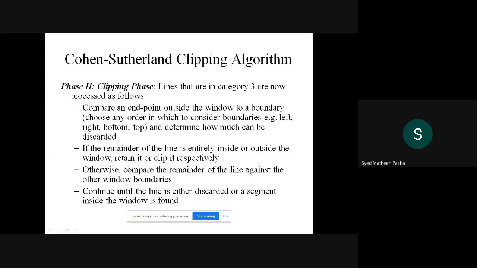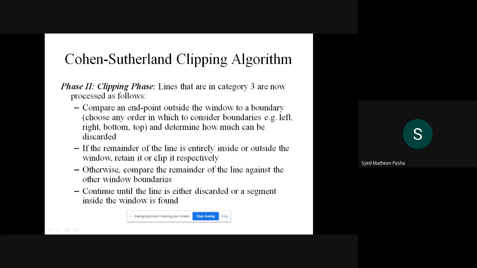If the remainder of the line is entirely inside or outside the window, retain it or clip it respectively. That is, if the line is entirely inside or outside that particular window, you should keep that window as it is. You need not perform clipping there. Otherwise, compare the remainder of the line against the other window boundaries.